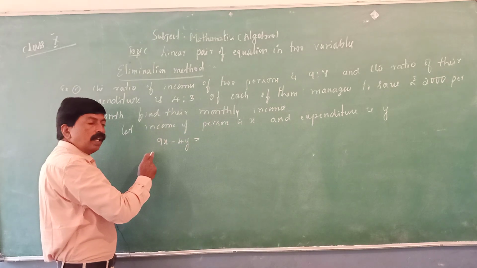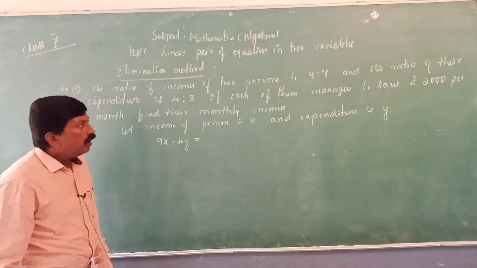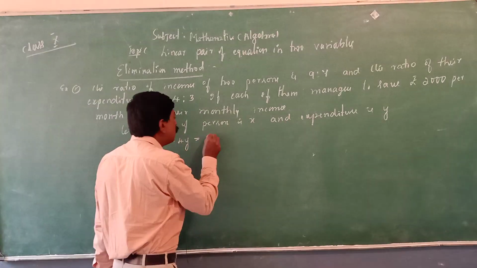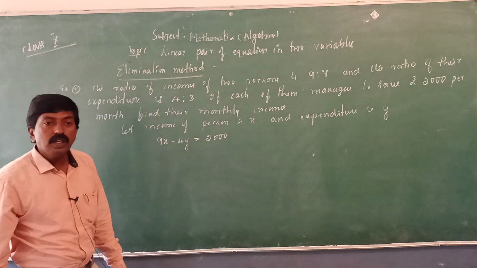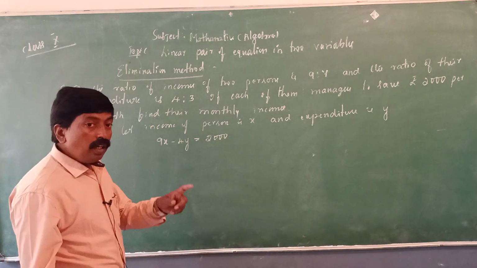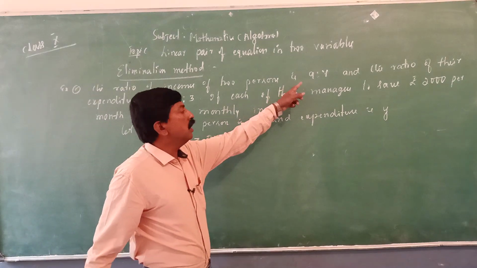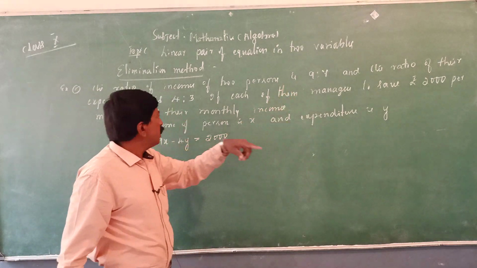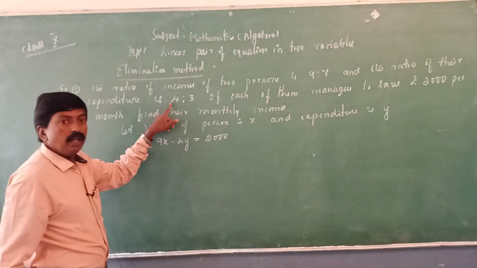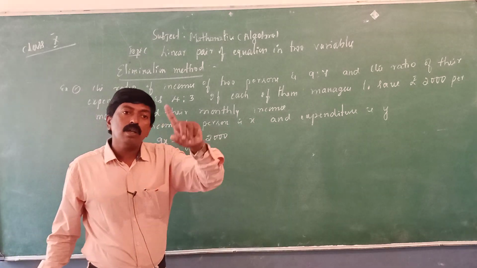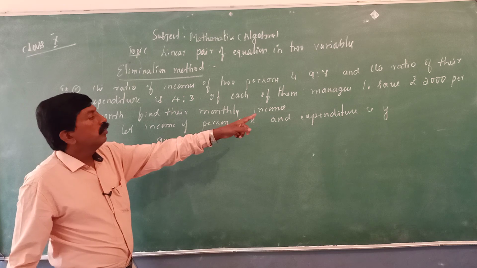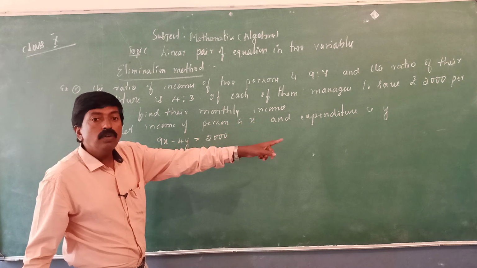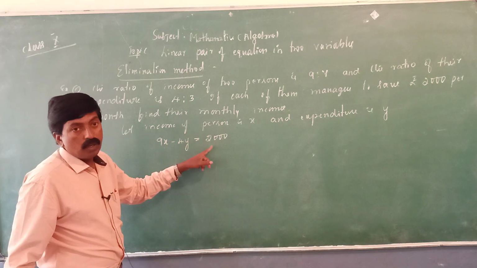He saves 2000 rupees. Once again, listen carefully. The income of the first person is 9x and expenditure is 4y. Expenditure subtracted from income gives the saving amount, which is 2000.